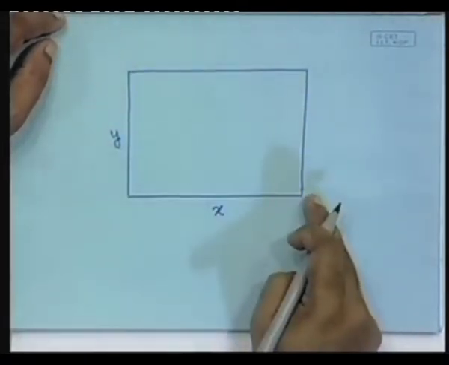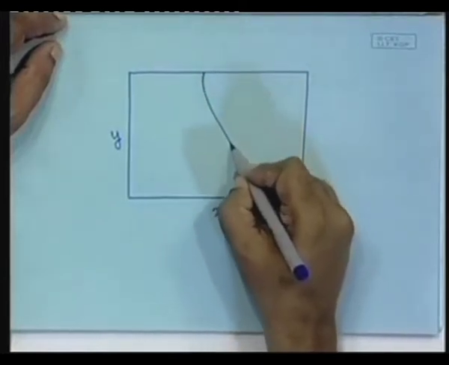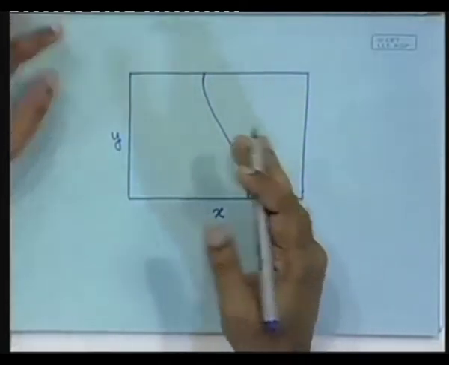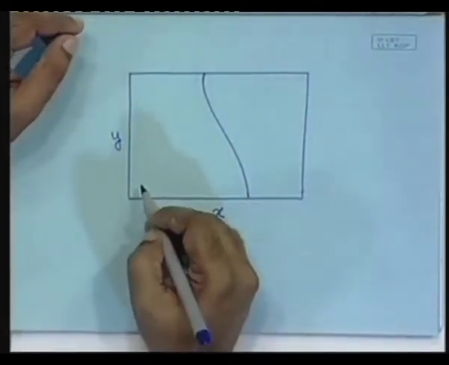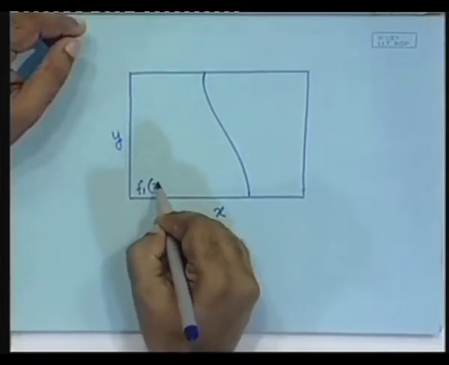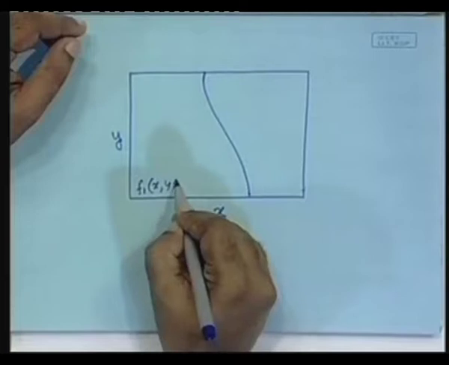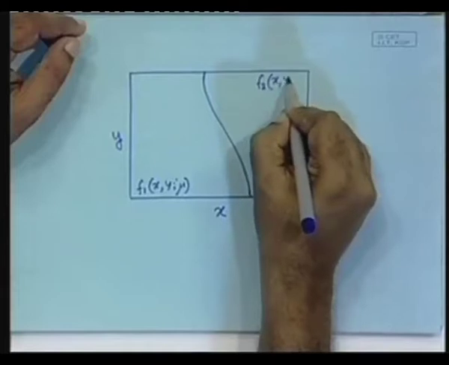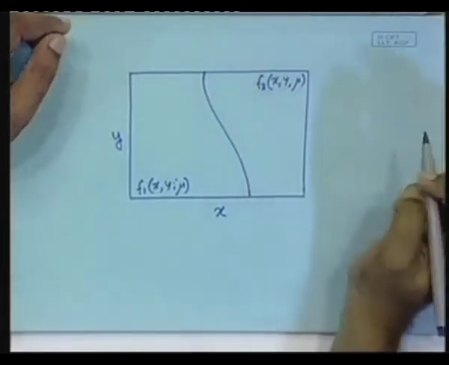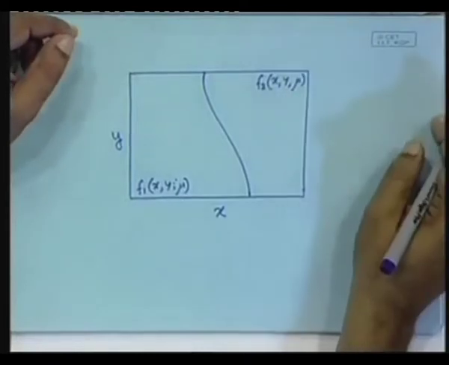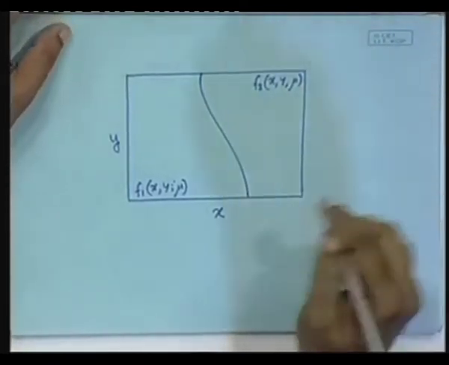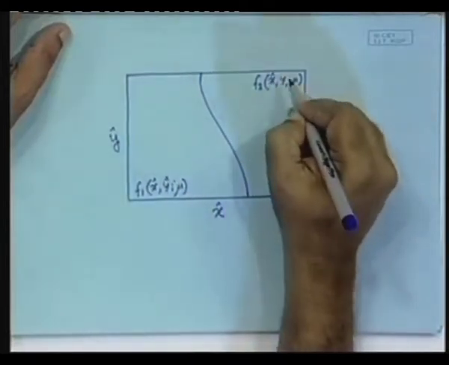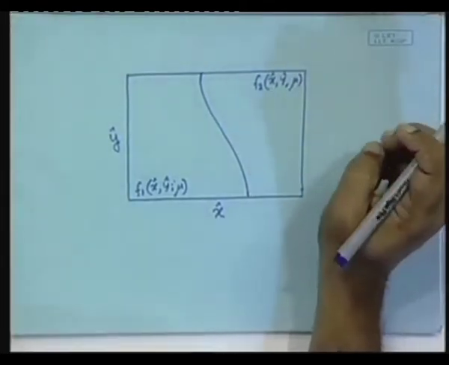In this two dimensional state space, there will be some kind of a border that divides the state space, and in this part there will be one functional form, say f1, and this is f2. Initially, let us consider the situation with hats. That means the state space is x hat y hat state space. Why? I will come to that later.